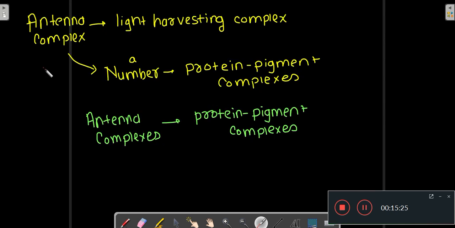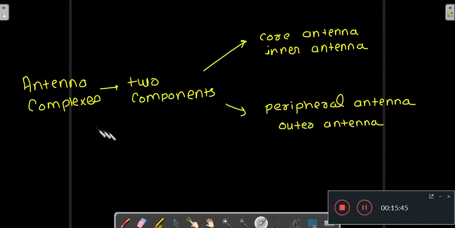Now, the antenna complex is also known as the light harvesting complex, and it is made up of a number of distinct protein pigment complexes. The antenna complex is made up of two components.